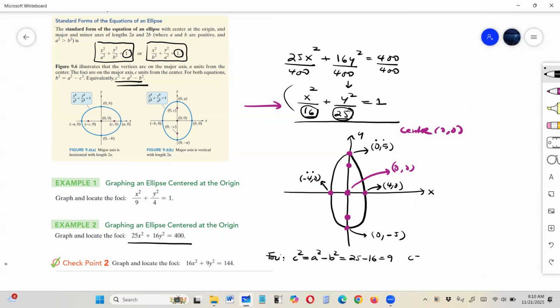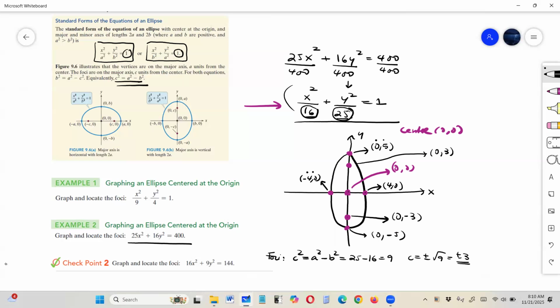Which means that c is the square root of 9, which is plus and minus 3. So this location here is 3 units below the origin on the y-axis, so 0, negative 3. And this location here, the other focus, is 3 units above the origin, which is 0, positive 3.